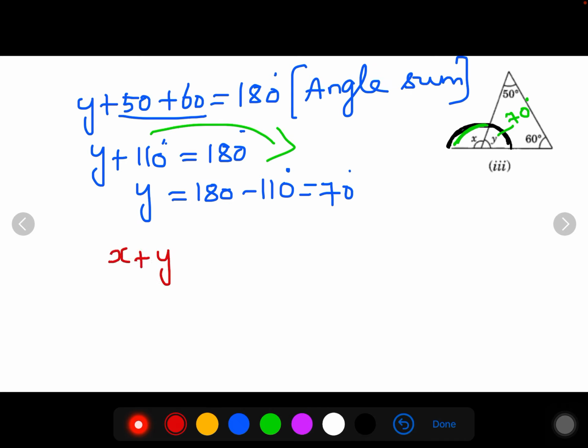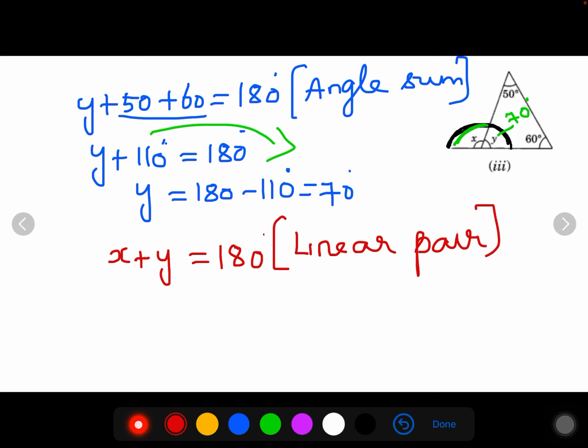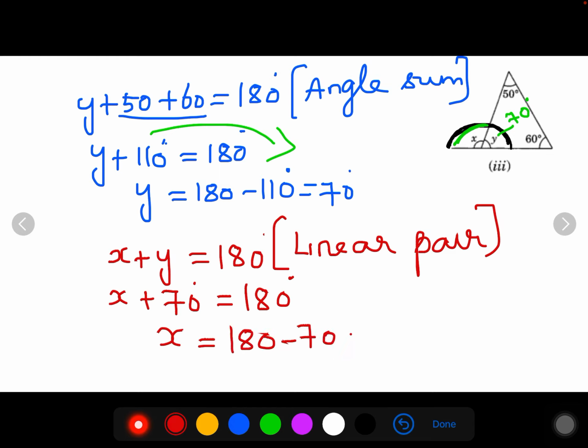So x plus y is equal to 180. Why is x plus y 180? Because they are a linear pair. Okay, angles on the same straight line. Okay, so x plus 70, which we just found as 70 degree, is equal to 180. Therefore x is equal to 180 minus 70, which is equal to 110 degrees.